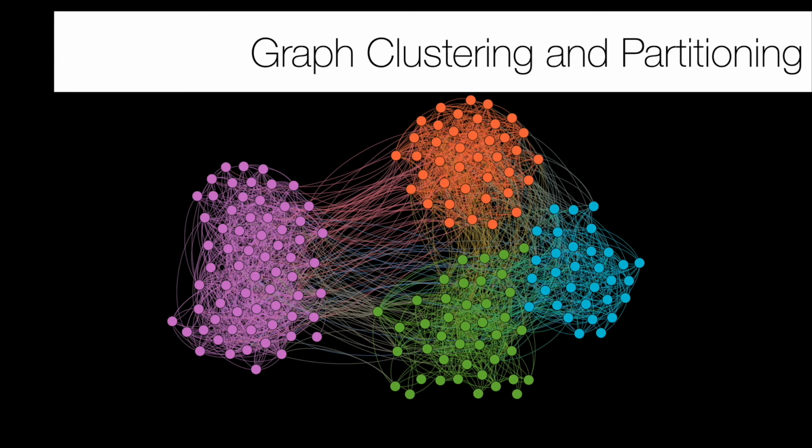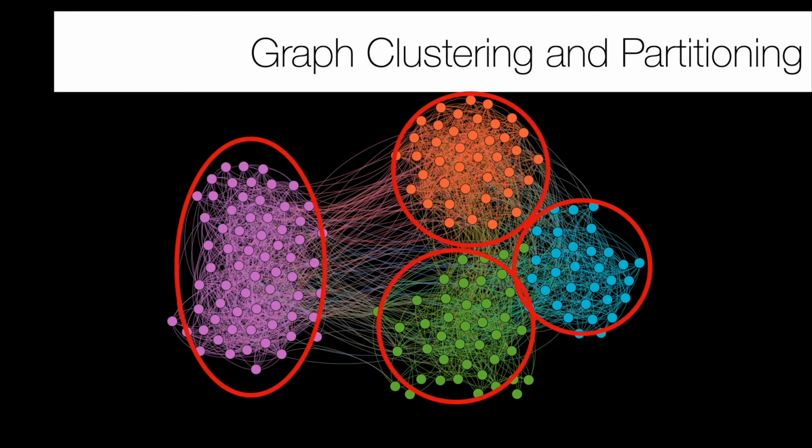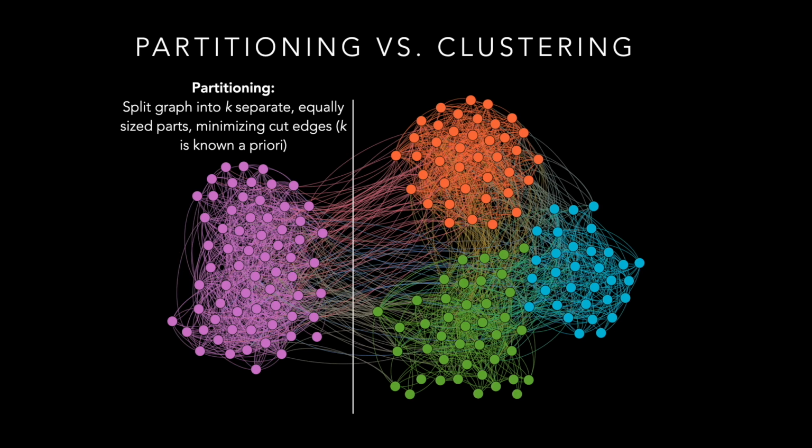To do so, we'll introduce this idea of graph clustering and partitioning. We're given some graph. We want to identify these groups and have an algorithm that can say, these are the different sets of nodes that exist in our graph, and they should be grouped together somehow. There are two ways of doing this, like I mentioned, partitioning and clustering.